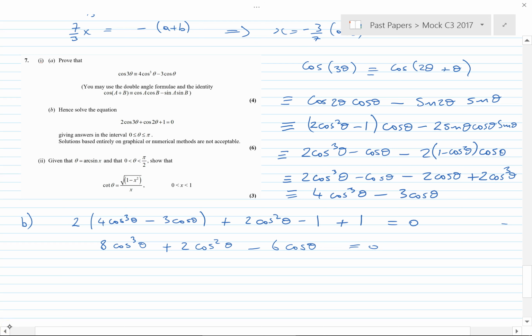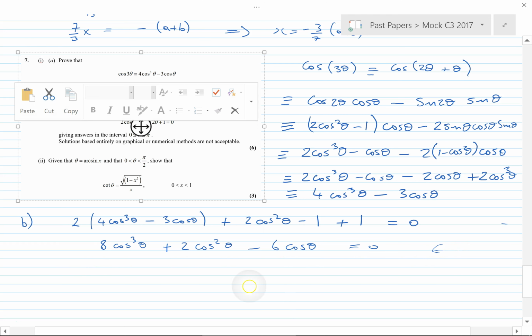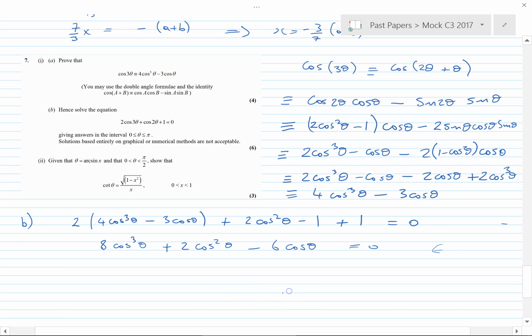Now, a really annoying error I saw here was for people to divide by cos theta. Although you get some of the solutions, you could lose solutions if you divide by an algebraic term. Dividing by 2 here is no problem, because 2 is not an algebraic term and it's not equal to 0. So we can easily take out the 2: 4 cos cubed theta plus cos squared theta minus 3 cos theta equals 0.